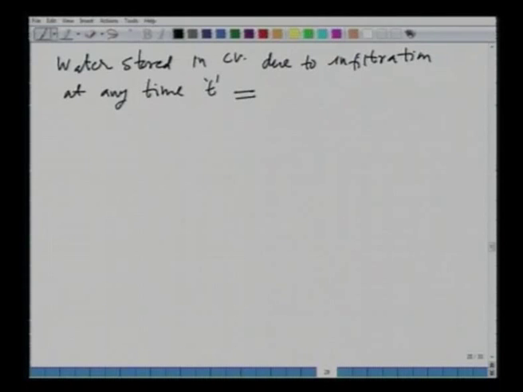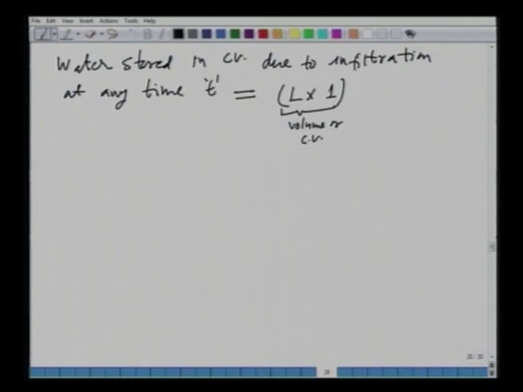So, the amount of water stored will be equal to the length itself multiplied by the area in square units. This is the volume of the CV, or the cylinder: L times the cross sectional area. That is the total volume.